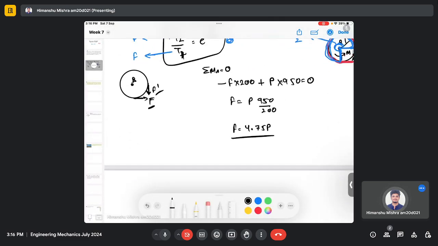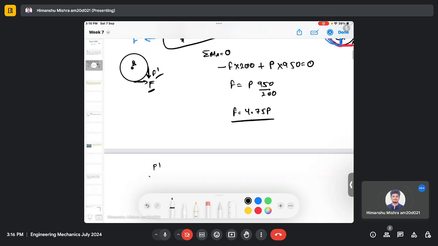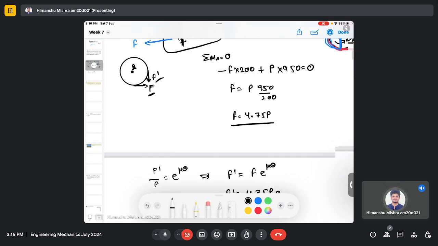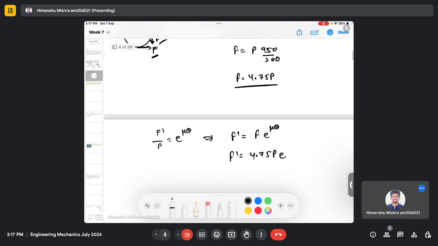So I will have F dash by F equals e to the power mu theta. I can write this as F dash equals F e to the power mu theta. So F dash equals 4.75 P e to the power mu theta. My mu is 0.3 and theta is 3 pi by 2.